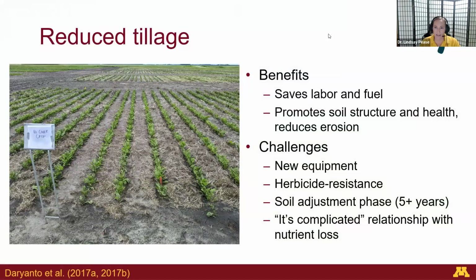So another way we can address those big wind erosion issues is with reduced tillage. This ends up being a positive in that you can save labor and fuel, with fewer trips across the field. It ends up being a win-win. You have a lot of soil structure and soil health that is preserved.